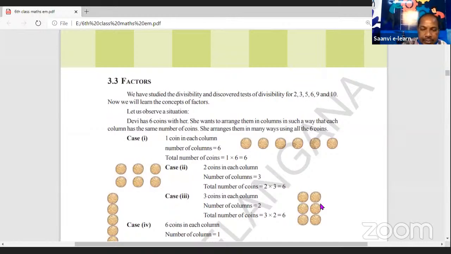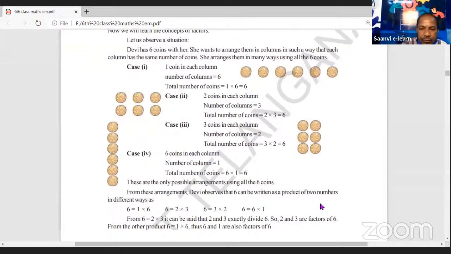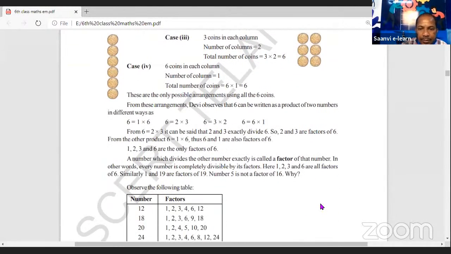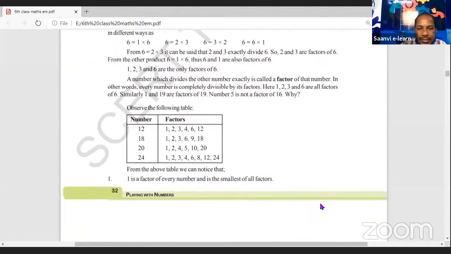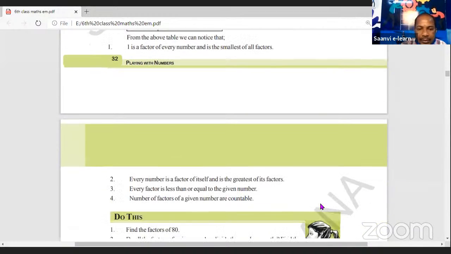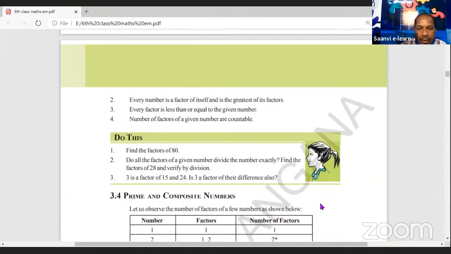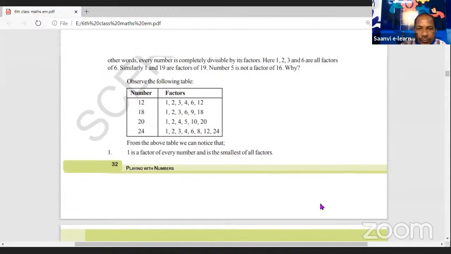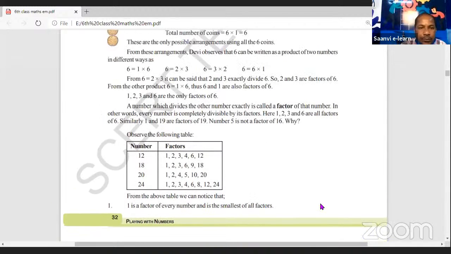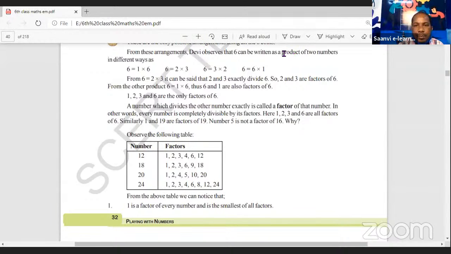A factor is nothing but a number which divides the given number exactly. Okay, see children.